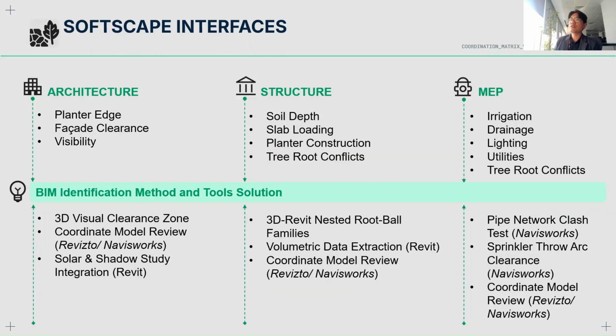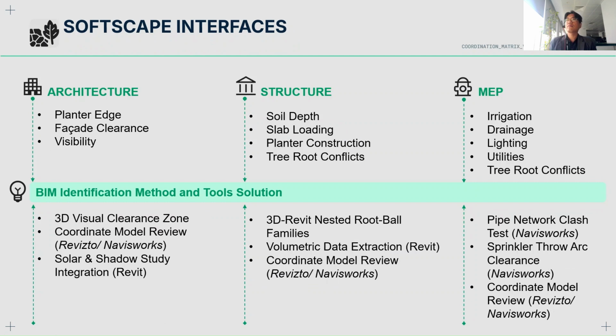Similarly, we also identify what the objects and the errors are for the softscape, where we need to coordinate with other disciplines like the architect, structure, and MEP. Also coming up with some methods for how BIM tools or BIM workflows can help to identify and resolve these problems.